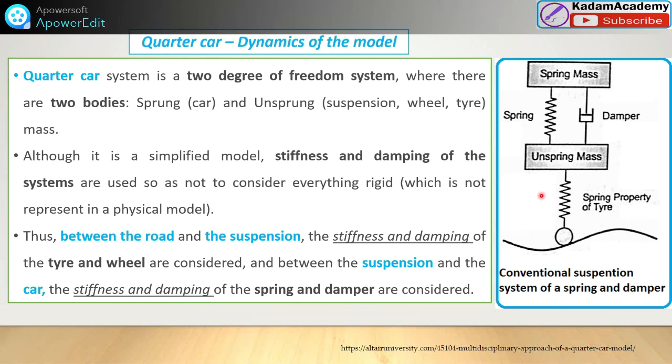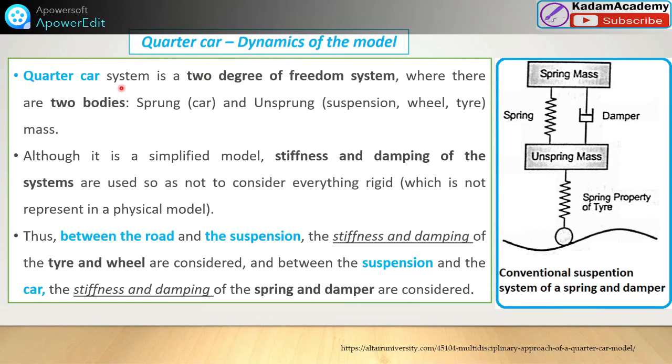So an active suspension system exists, but this is a very simple passive suspension system. Here there is no control; this is a mathematical model. What is our purpose in this video?